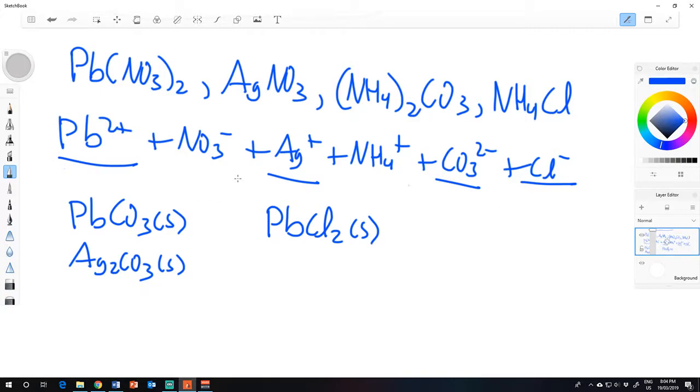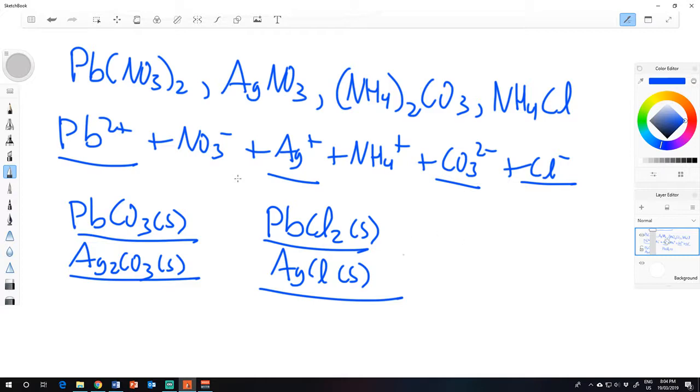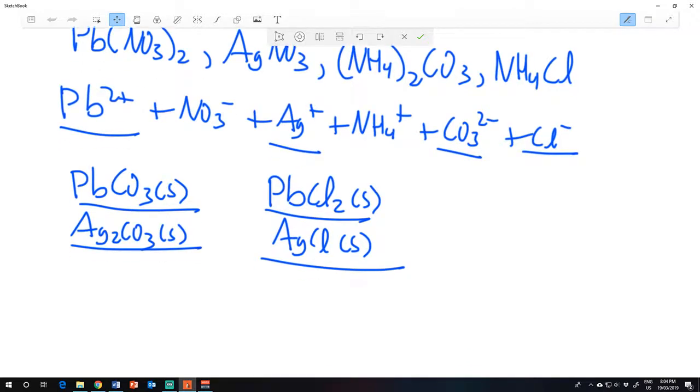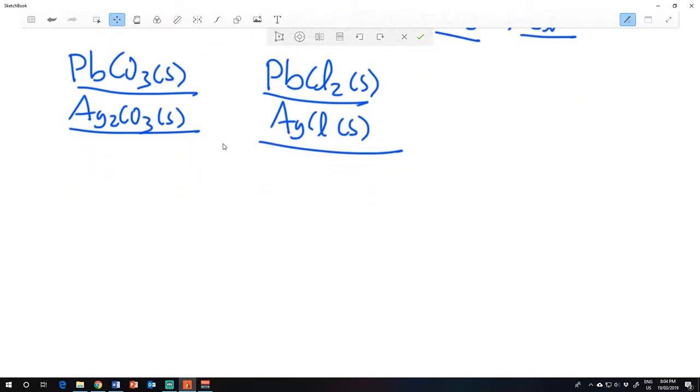And then AgCl will also be one. So in this particular mixture, I would have 4 different precipitates forming, so I can write 4 different net ionic equations. Okay. That's really the only variation I can do on this question, is just throwing in more stuff at you.